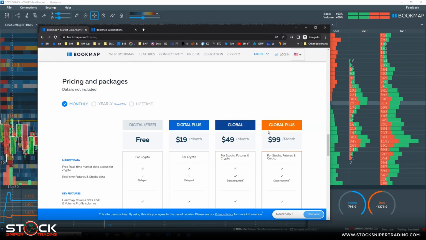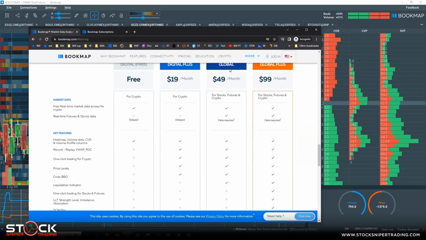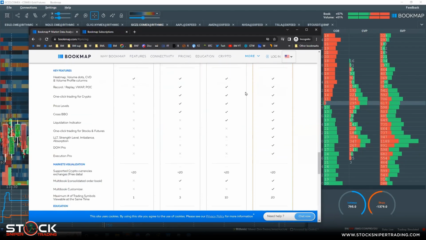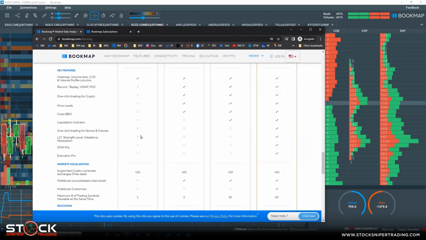And again, this is only for the software. It does not include the data, but I'll go over that in just a minute. The difference between Global and Global Plus is the add-on indicator package, that large lot tracker. There's this imbalance indicator up here I didn't cover. There's a host of other indicators. You can see them in here, and that's what you get with Global Plus, which is nice.